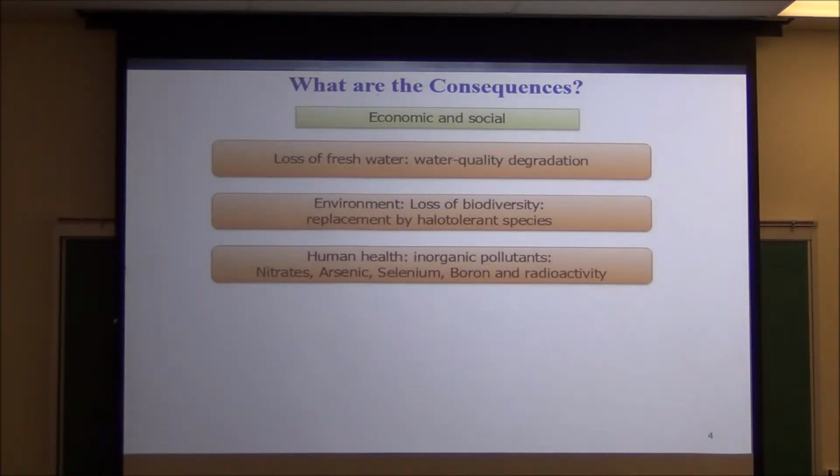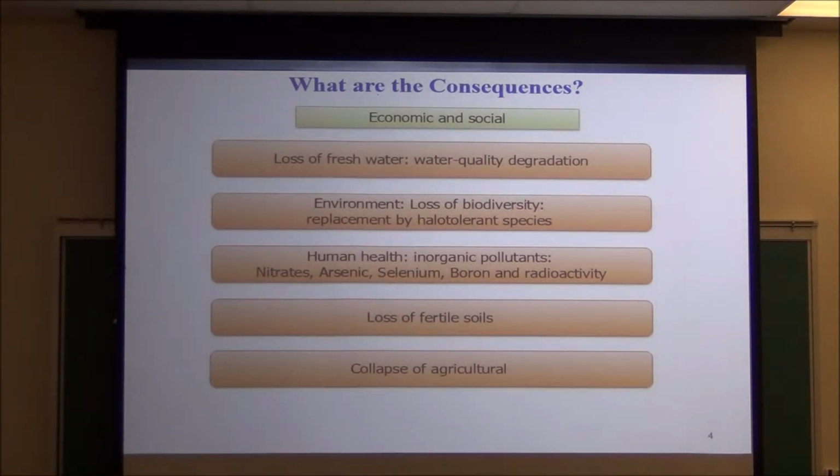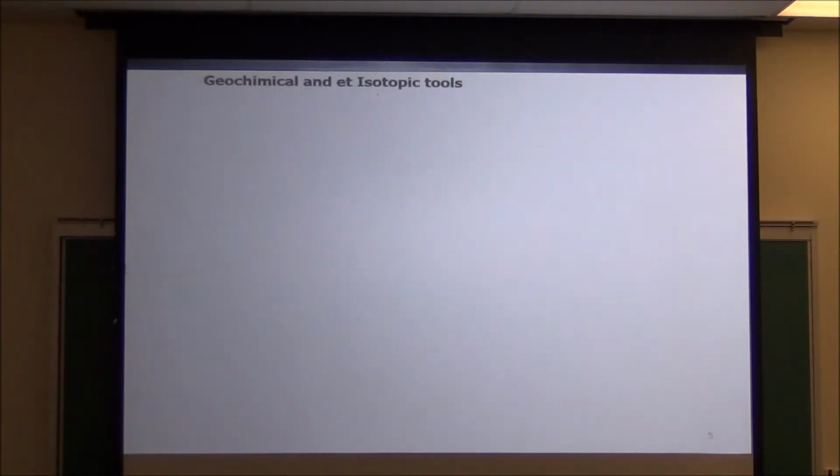On human health also, in water we will have inorganic pollutants such as nitrates, arsenic, selenium, boron, and in some cases radioactivity. Also loss of fertile soil, collapse of agriculture, and increased immigration and exodus to the cities.